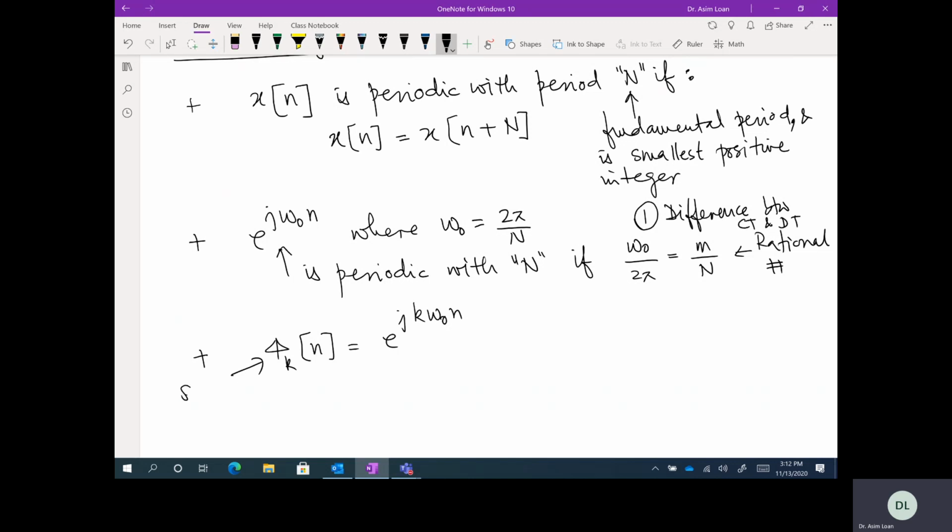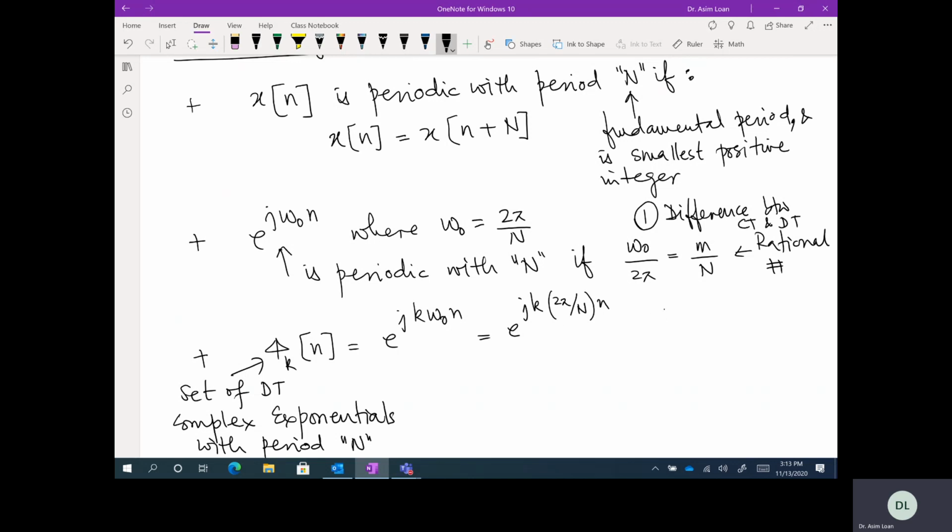This is the set of discrete time complex exponentials with period N, where omega naught is 2 pi by N. Over there we had 2 pi by capital T. Now we have 2 pi by N. Does this go on for k equals 0, plus minus 1, and so on and so forth? No.